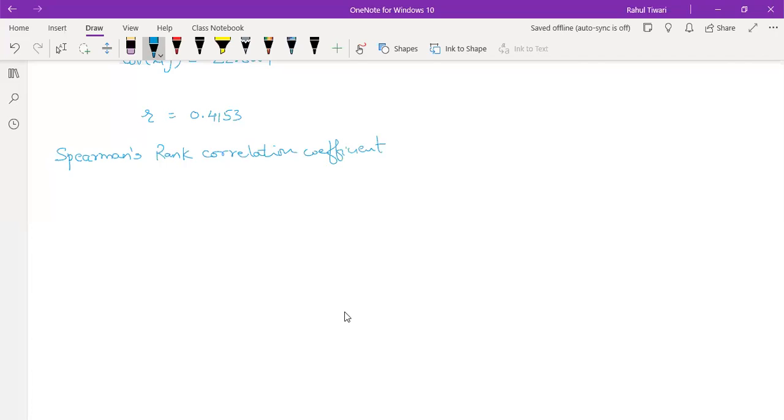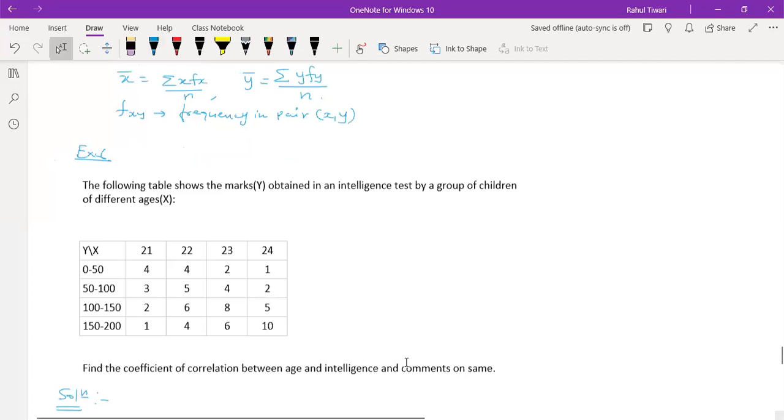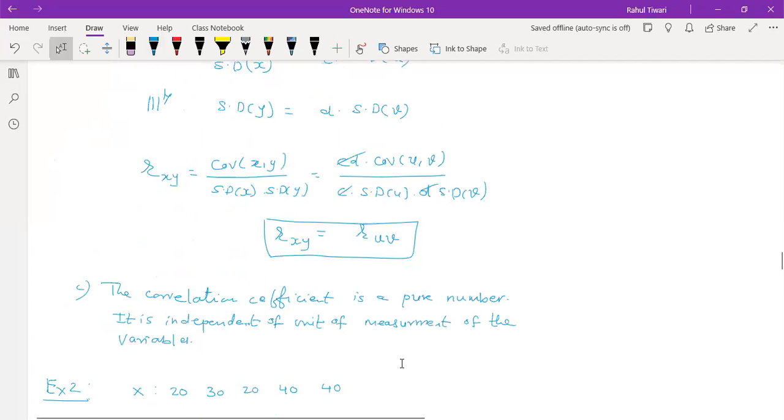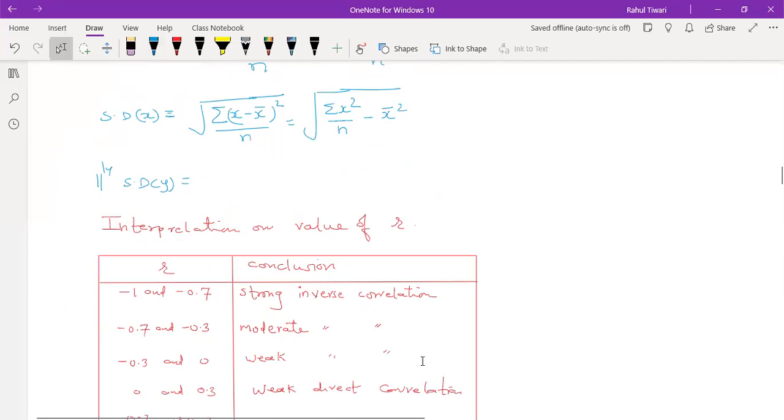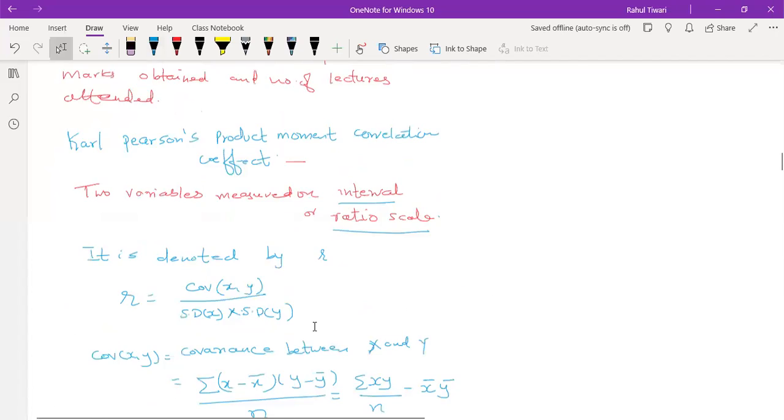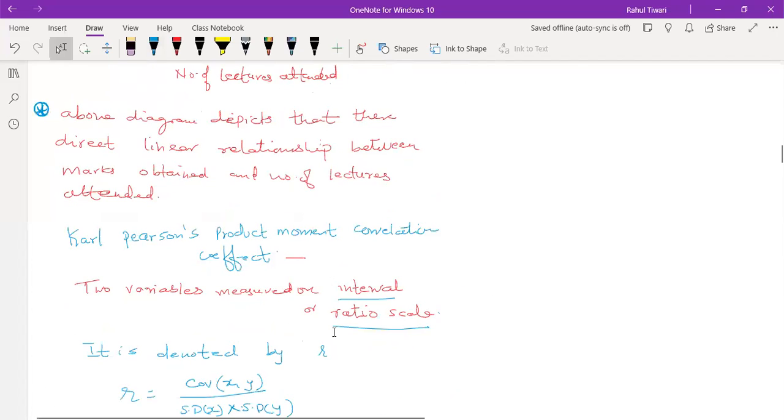Usually when you calculate Karl Pearson, in what data are you calculating it? If you look at the concept, it is always measured on either a ratio or interval scale.